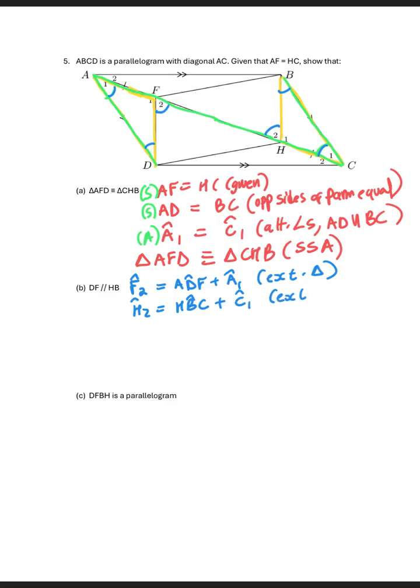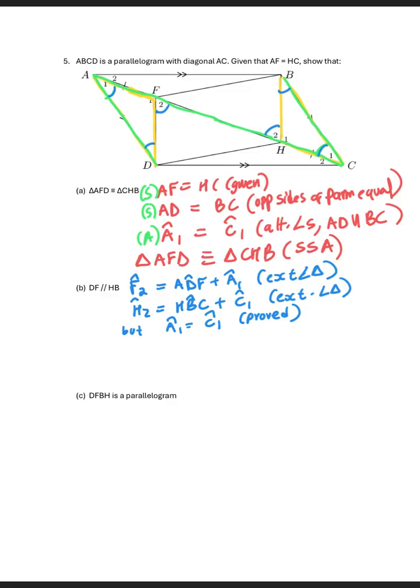Reason, the exterior angle of a triangle, right? But we just proved that angle A1 is equal to angle C1. This one was proved.